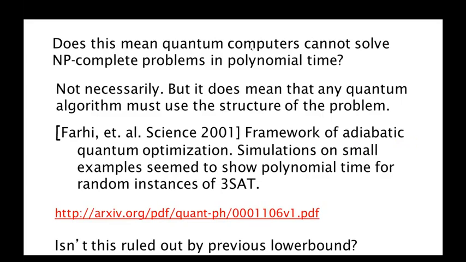Okay, so now let's try to understand what we just saw before, where we said that no quantum algorithm can solve this search problem with better than quadratic speedup.